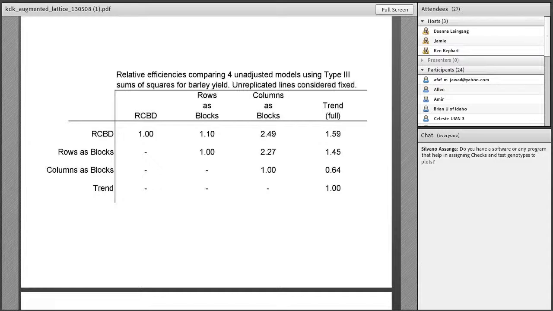And so what people tend to do is just make a comparison of relative efficiencies of that one design with unadjusted versus adjusted data.